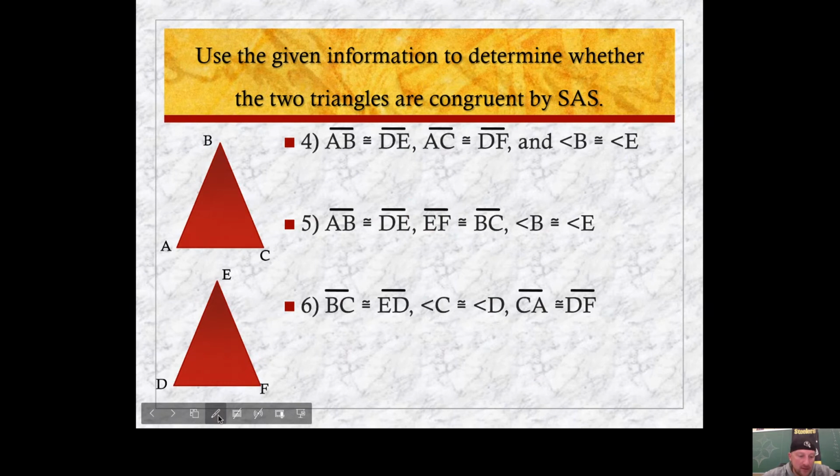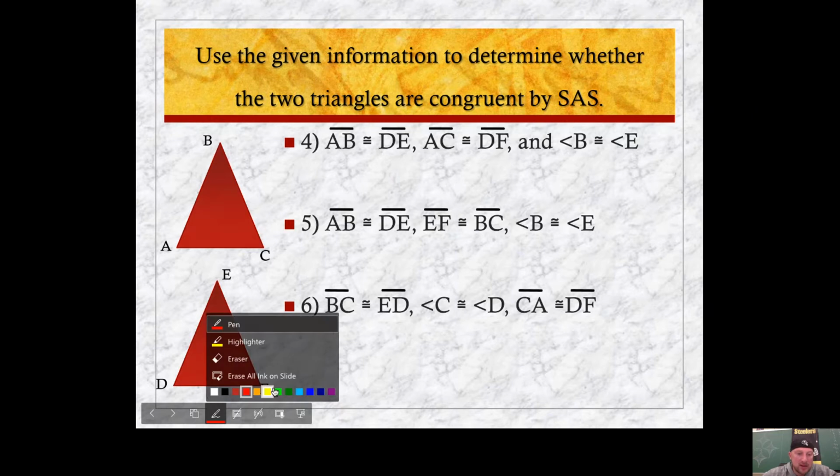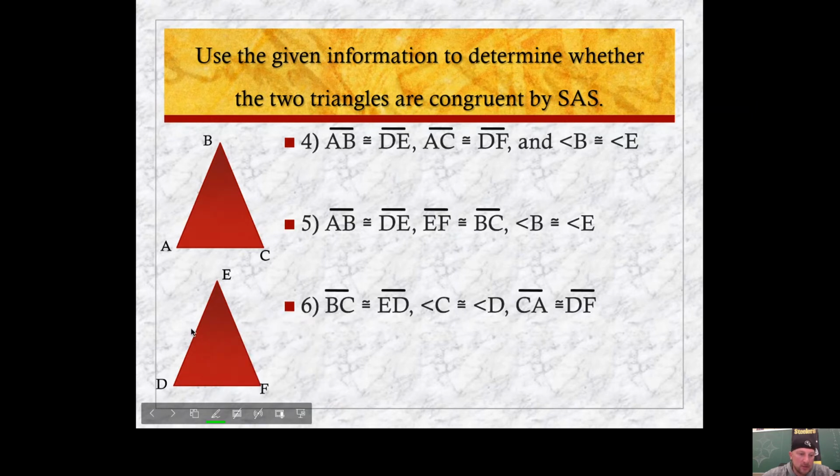We're going to look at number 5. They're telling you that segment AB is congruent to segment DE. So I'm going to make those marks. Also, segment EF is congruent to segment BC. We got two pairs of congruent sides.